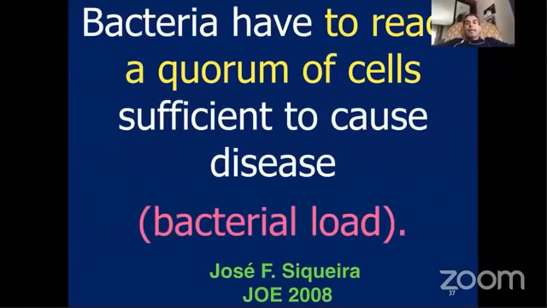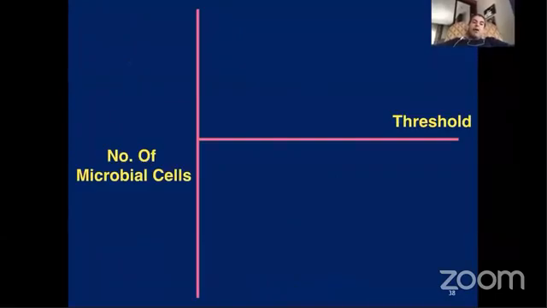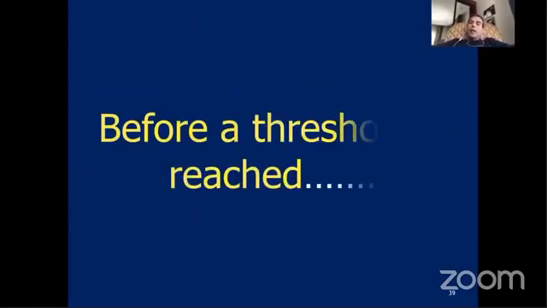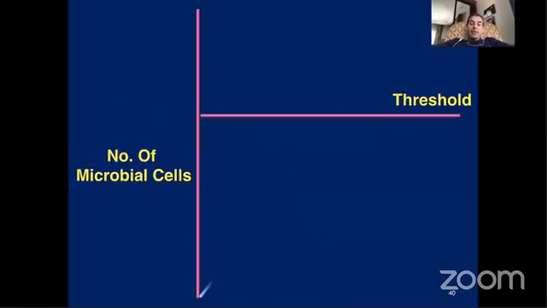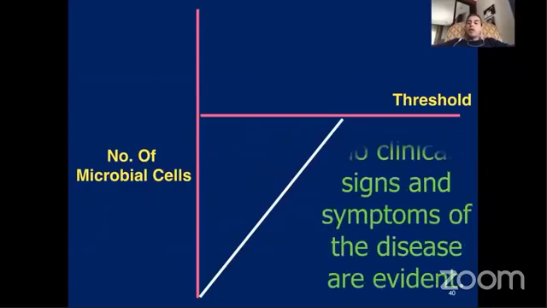He said bacteria have to reach a quorum of cells sufficient to cause disease, and he named this bacterial load, which means this is a number of microbial cells and we have a threshold. Before the microbes reach the threshold, we have no signs, no symptoms.